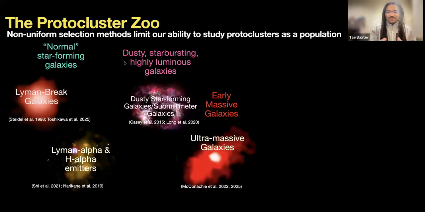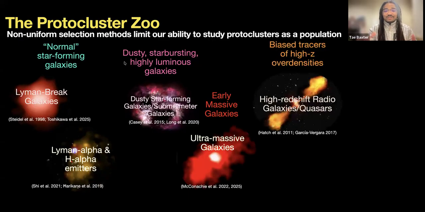They've used something known as ultramassive galaxies, galaxies that have 100 billion solar masses in the early universe. Folks have also used something known as high redshift radio galaxies. These are galaxies that have supermassive black holes in their centers that are sucking in gas and shooting it out along these jets. And they think these are also indicators of being in a dense region where there's a lot of gas.